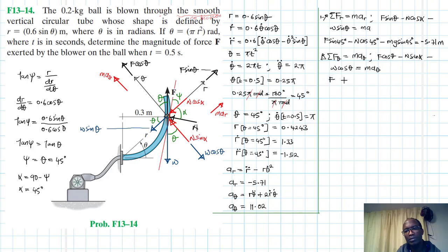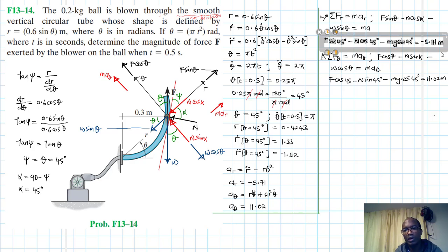So this becomes F cos 45 minus N sine 45 minus mg cos 45 equal to 11.02 m. So let's solve the two equations.